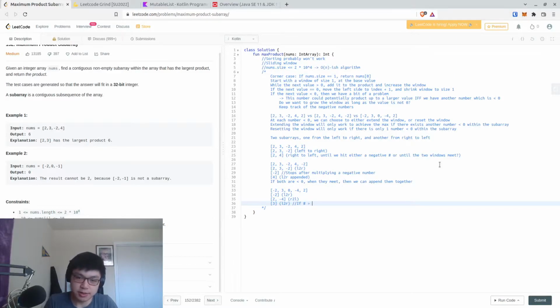If number is greater than current max and number times current is less than 0? I mean, that could be one way to do it, but I'm not sure if that accounts for all cases. Right, so we have 2, negative 3, then we hit a 0, so we cross over to 4, and that's where we break.